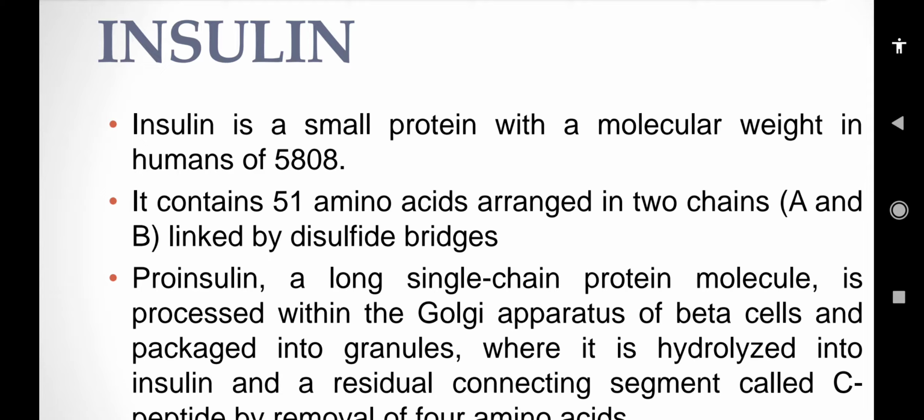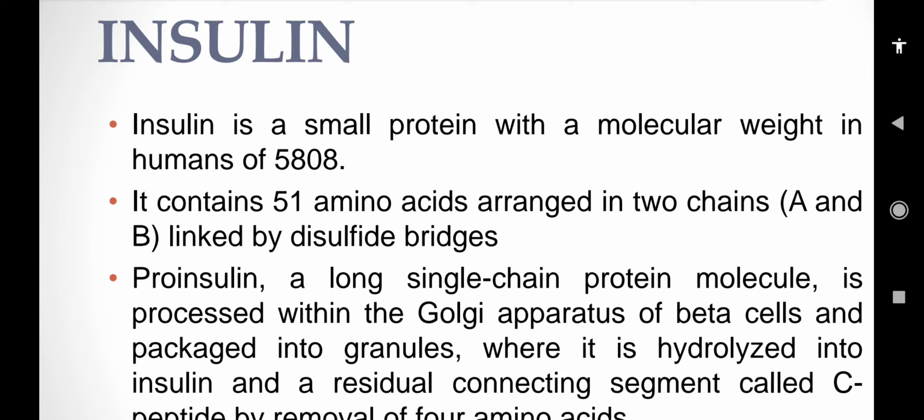Proinsulin, a long single chain protein molecule, is processed within the Golgi apparatus. As you can see in the picture, in the animal cell, there are the Golgi apparatus, amoeba-like structures inside the cell.